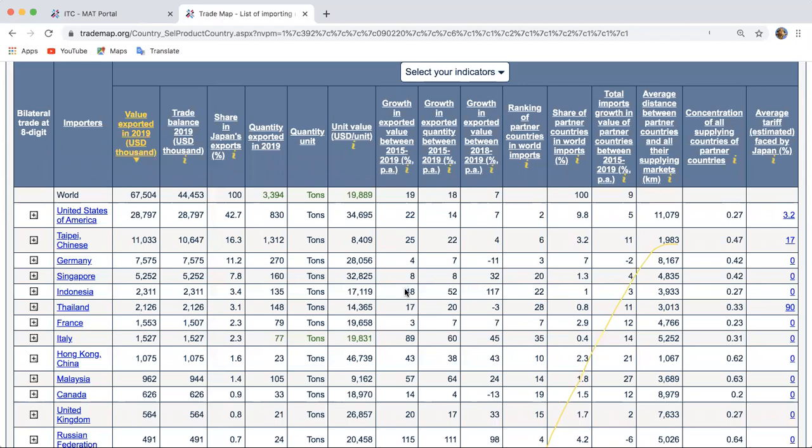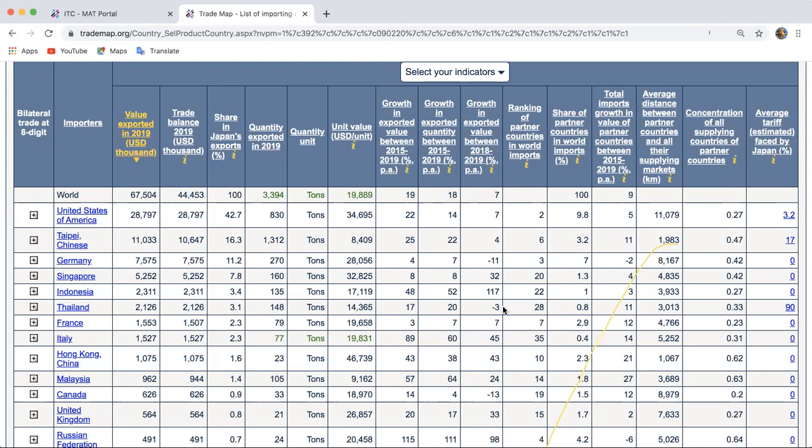Specifically, Indonesia is growing very well, and much higher than Japan's overall exports growth. Italy is growing exponentially as well. So even though they are not the biggest importers of green tea, these could actually be more interesting than the world's largest markets.